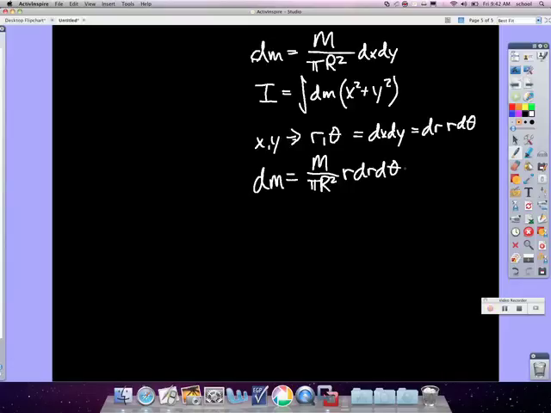Then we have one integral over r, where the limits of integration are 0 to big R, and if we collect everything, we have r cubed dr. And then we have an integral over theta, where we're going over the full circle, so it's 0 to 2 pi. Forgive the horrendous writing.